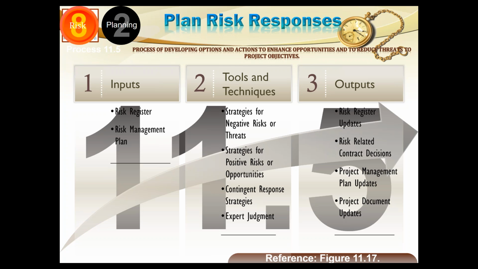And if there is a need for certain measures to be taken according to the risk response plan, which we think we cannot take ourselves, then we will outsource those risks. So risk related contract decisions are made here, and resultantly project management plan and project documents are updated.